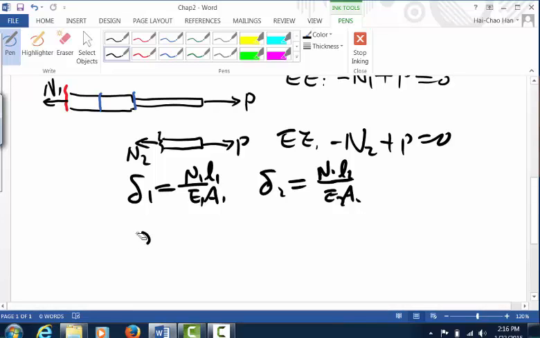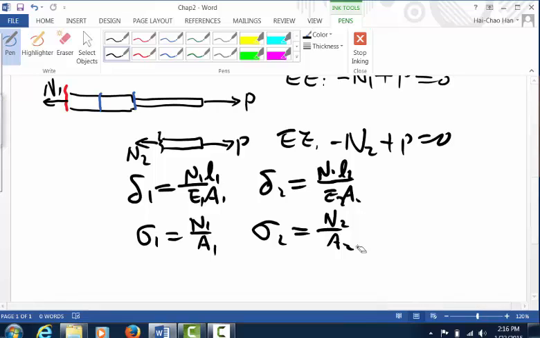All right, so you're going to have sigma 1, that is N1 over A1, and then you're going to have sigma 2, that is N2 over A2, right? Okay, so now, can you find the maximum stress in this bar, in this whole structure? What's the maximum stress? Whichever is the biggest one of these two, right?